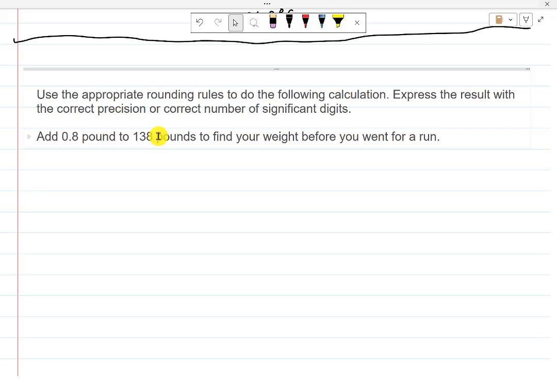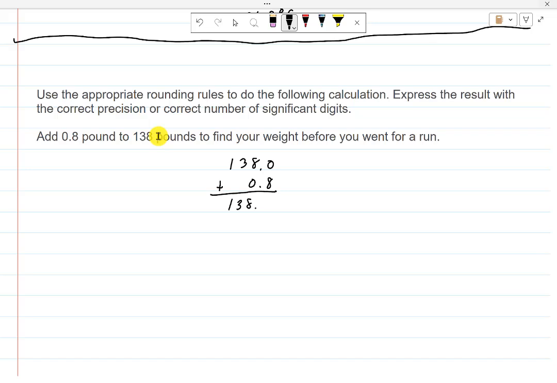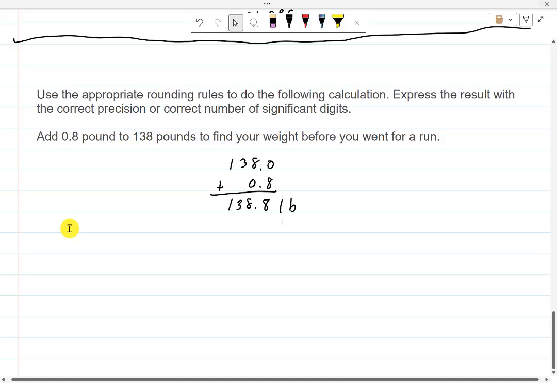So what was your weight before you ran? Well, it was 138 pounds plus the 0.8. So I have to put a 0.0 to add them. Now, what you do when you report your answers is you report it in terms of the data that had the least amount of precision. I have two options for my answer here.